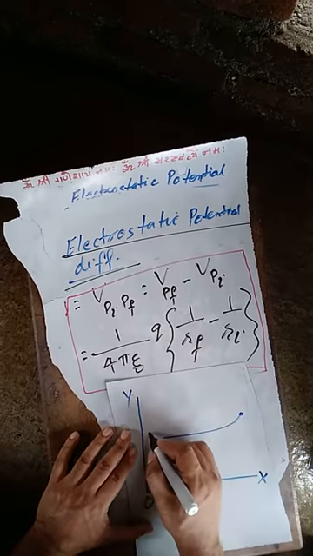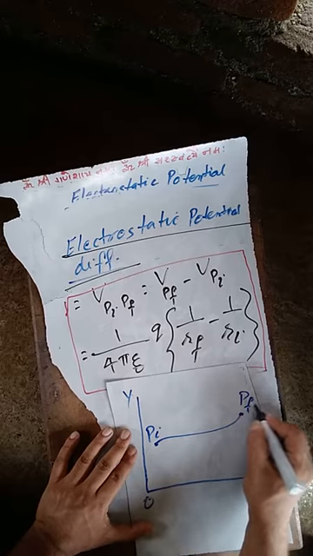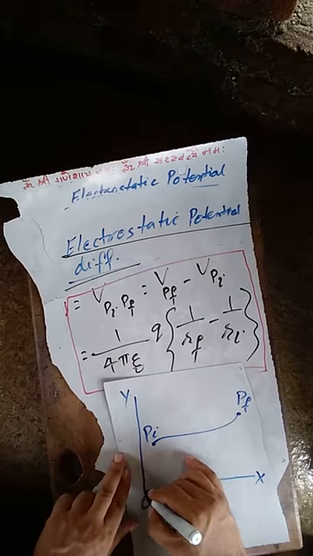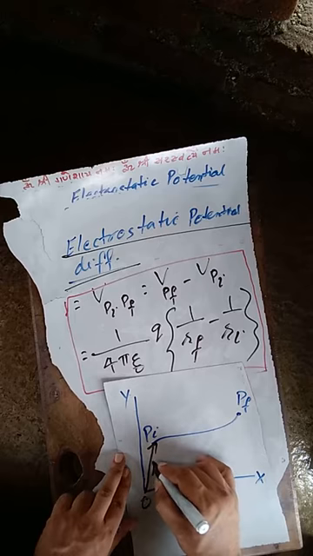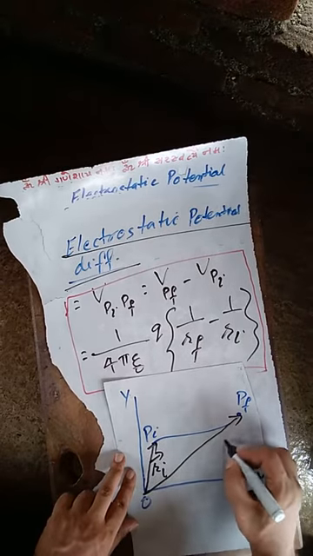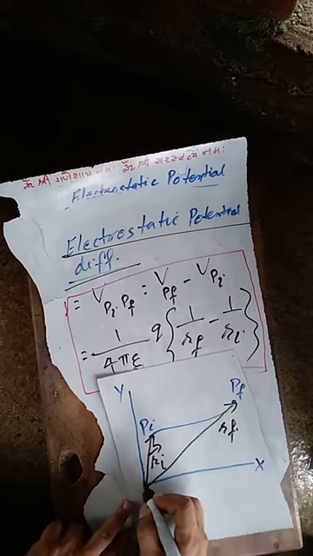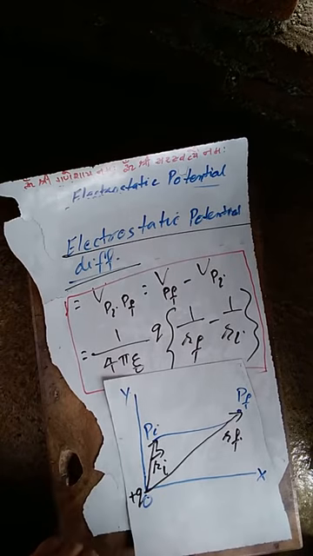This is your initial position Pi, this is your final position Pf, and this is the position vector ri, and this is the position vector rf, and here a point charge plus q is situated at the origin.